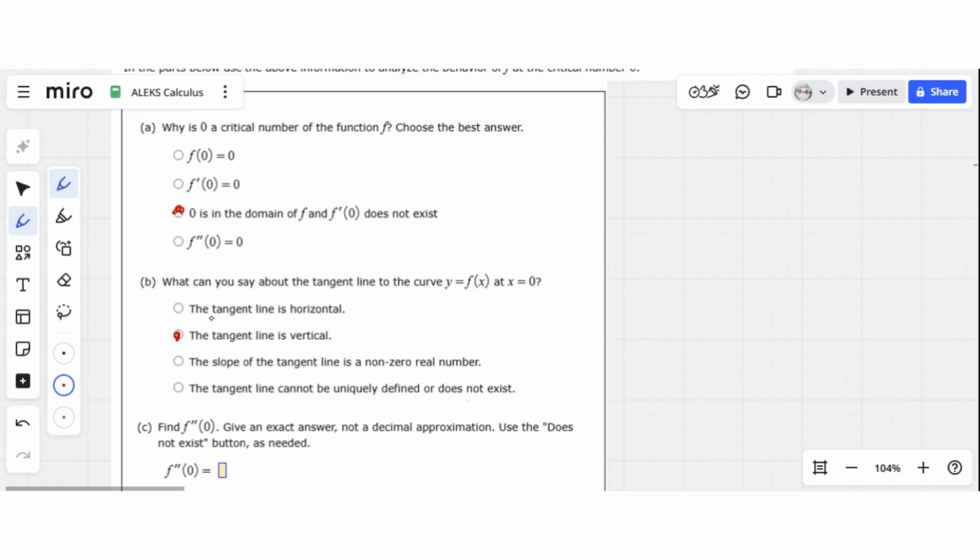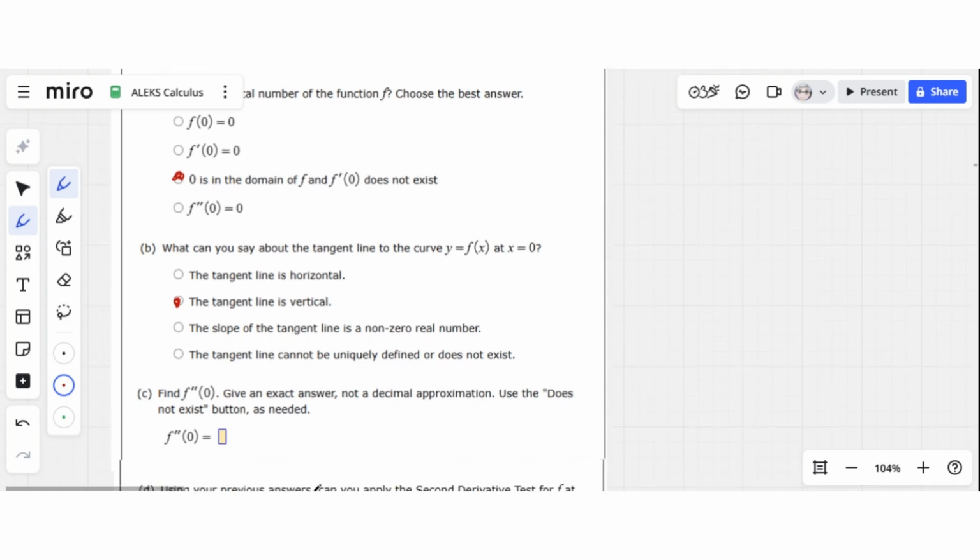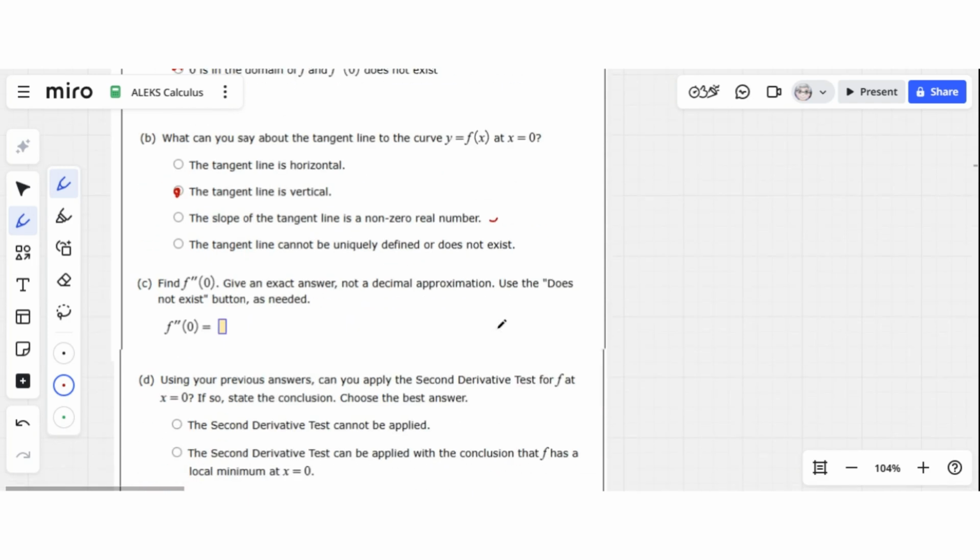Your other choices here are that the tangent line is horizontal, which would be the case if the first derivative was 0, or the tangent line cannot be uniquely defined or does not exist. That might happen if the function itself is undefined there. I don't know how this could possibly be a critical number, but I guess I won't worry about that.